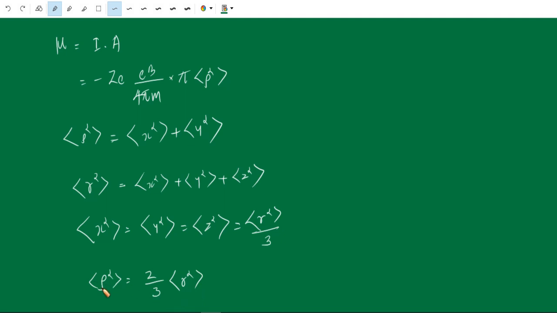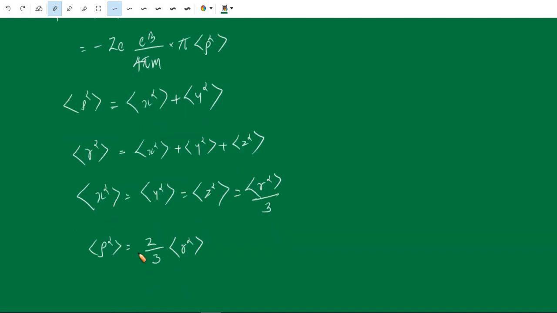Here mean rho square is the mean square distance of the electron from the axis of rotation, and mean r square is the mean square distance of the electron from the nucleus. These two are related by this.